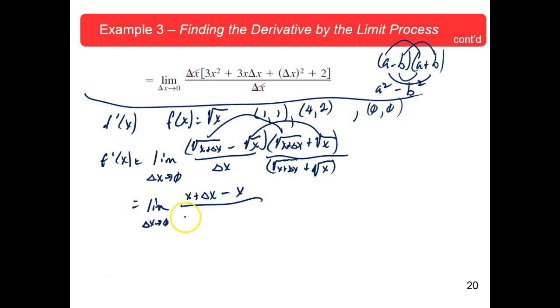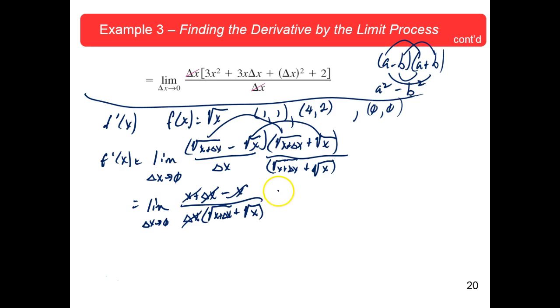Over delta x times, let's leave this alone, the square root of x plus delta x plus the square root of x. Now, what happens to that numerator? The x minus x gives a 0? Not yet. Now you can divide out the delta x. Don't get the cart before the horse.